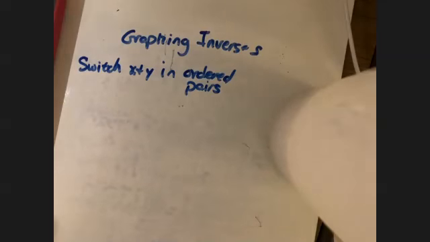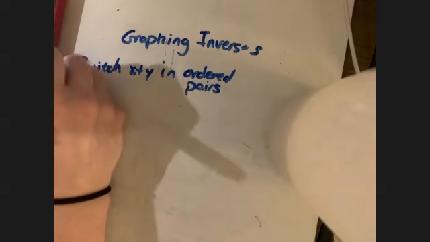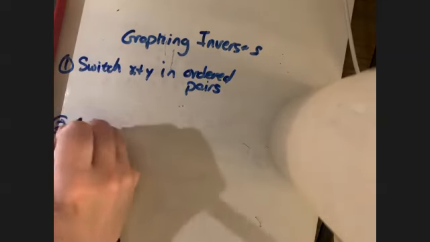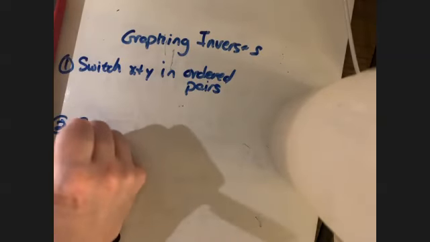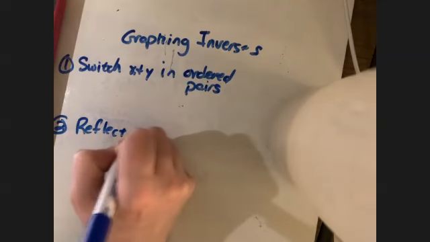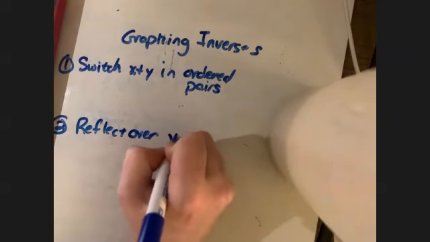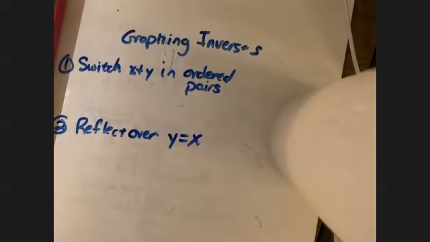If you've got a bunch of ordered pairs, you can switch them all. The second option is that when you do that, it is going to reflect over the line y equals x. Now, for some students, this reflection is kind of hard to see, but it's there. So I'm going to show you a couple of examples, just so that you can see a couple of these moving around.